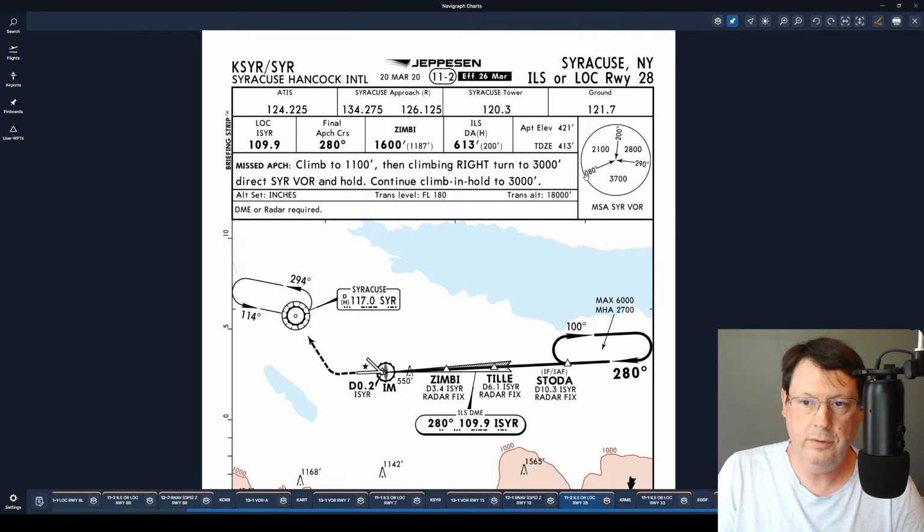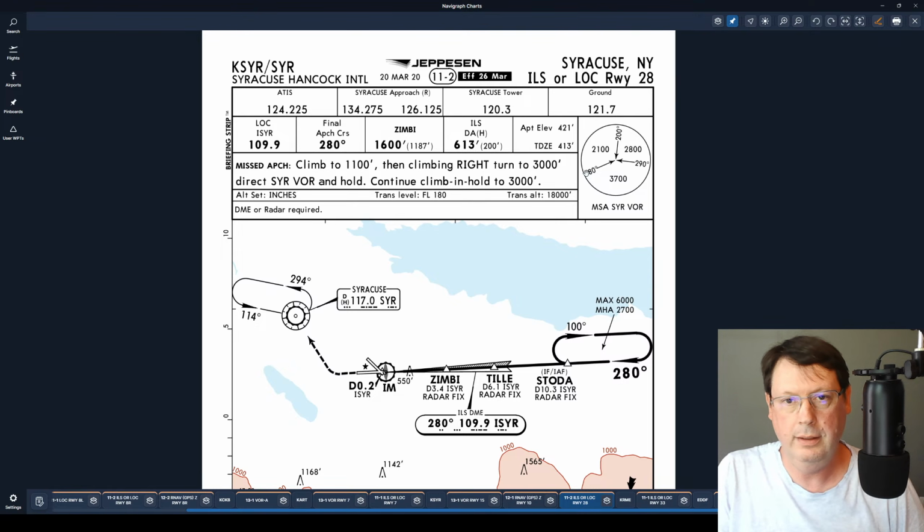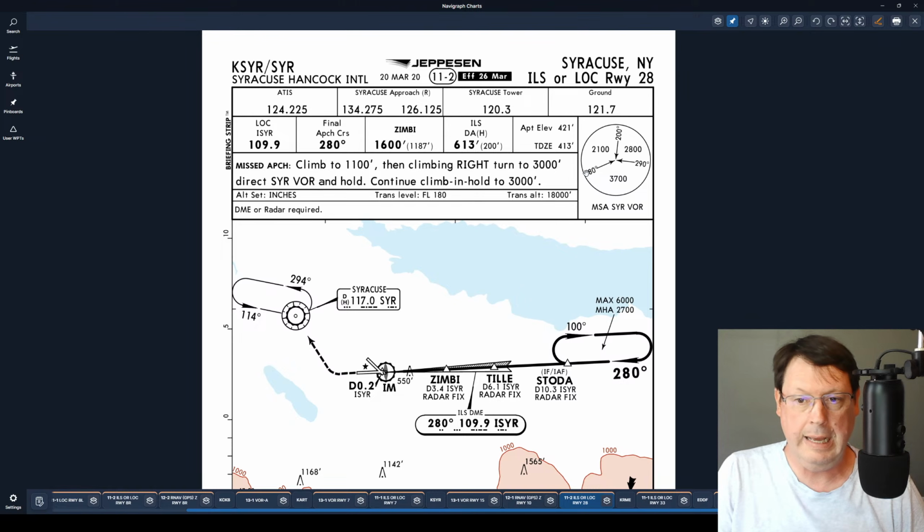And what this tells you is the minimum safe altitude you have to maintain to be clear of obstacles within normally 25 to 30 nautical miles of whatever fix or VOR they have listed here.